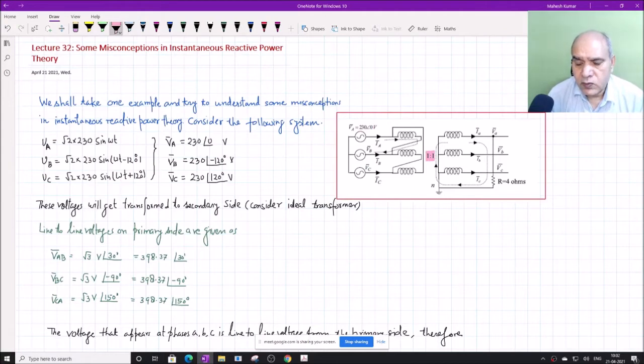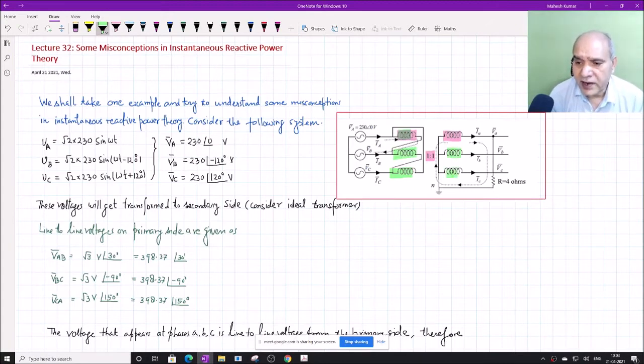That means the voltage transformed from this winding to this winding is in a 1:1 relationship, and so is the current. This configuration is interesting because the primary side is delta and the secondary side is star. So this is delta connected and this is star connected.